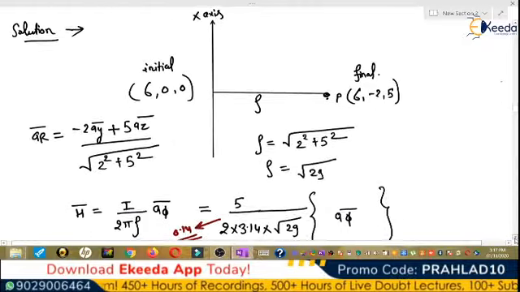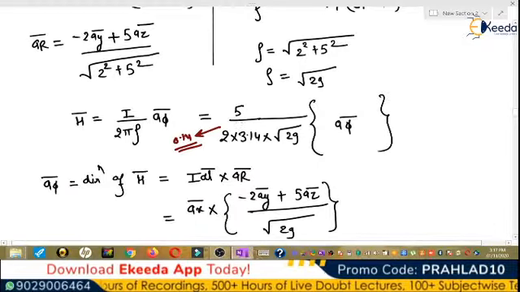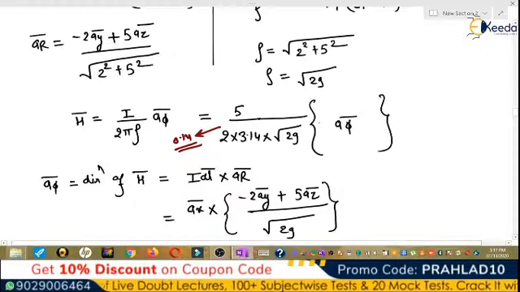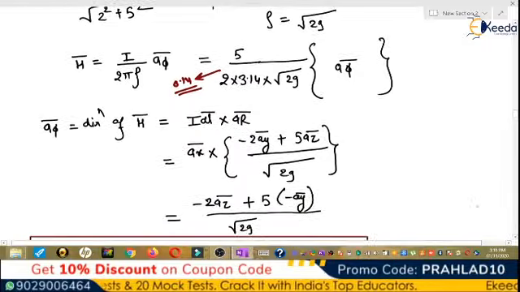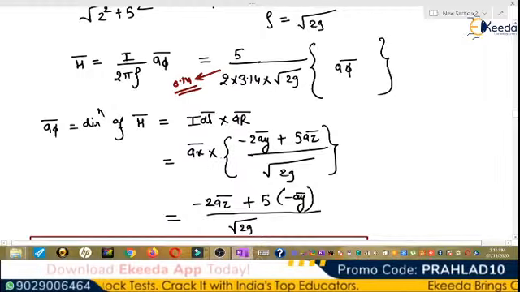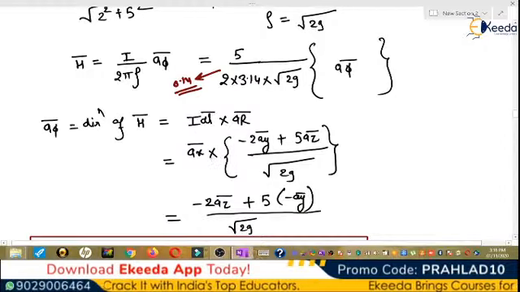So H vector is I by 2 pi rho, direction A phi. I is 5, 2 pi, and rho is under root of 29, and A phi direction. A phi is the direction of H vector, which we can also calculate as AL vector cross AR vector. So this can be calculated as AX vector cross product with AR vector, where AR vector is minus 2 AY plus 5 AZ by root of 29.